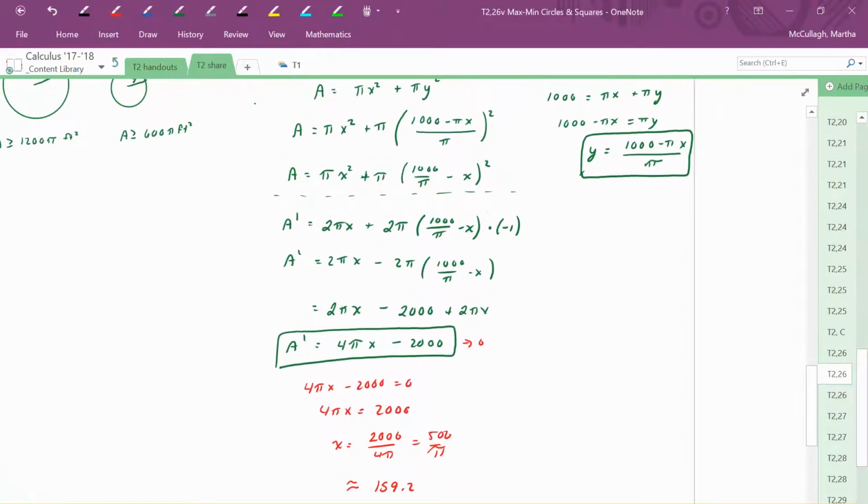Okay, so going ahead, as we always do with our sign chart, we've got our x values, and we're looking at our A prime. Key value is 159.2, because it's a number we can get our heads around far more than 500 over pi. This is a linear equation, goes uphill. So these are negative, 0, positive: downhill, uphill, minimum.